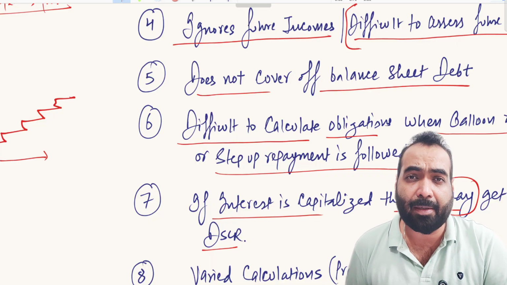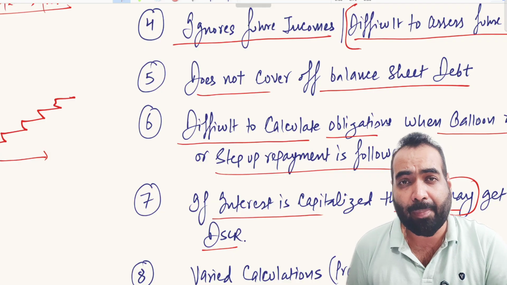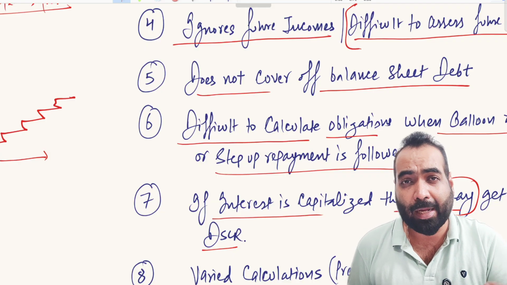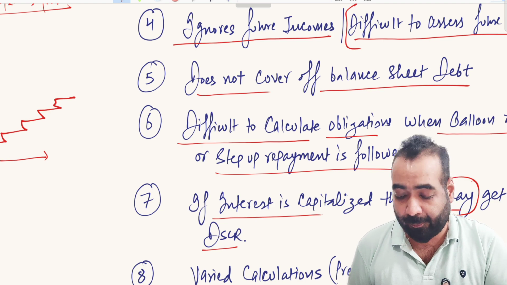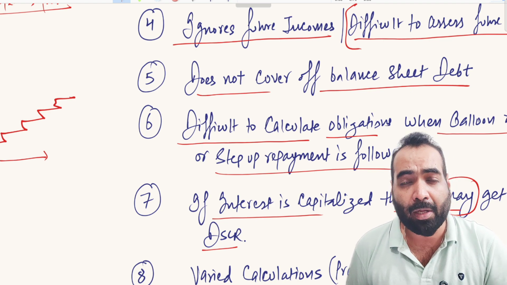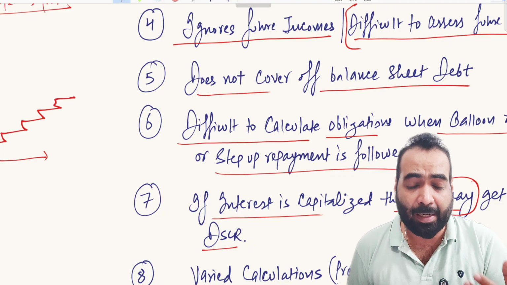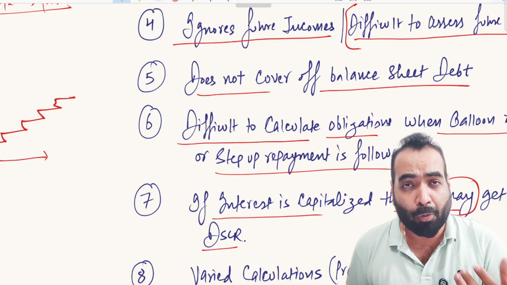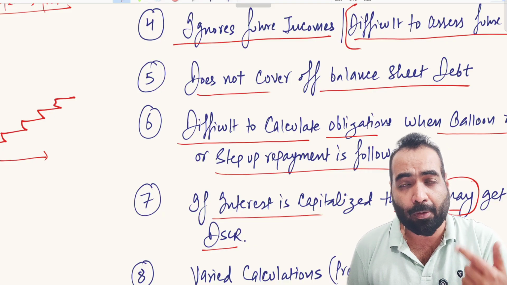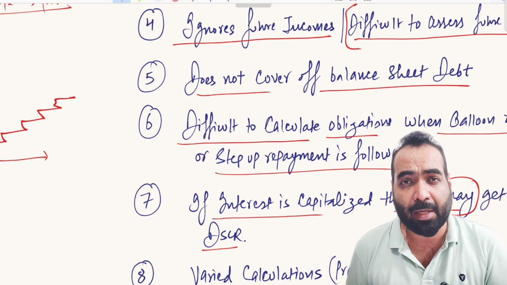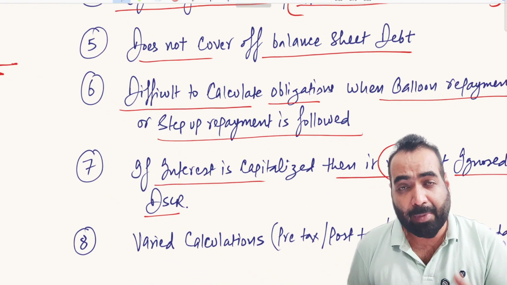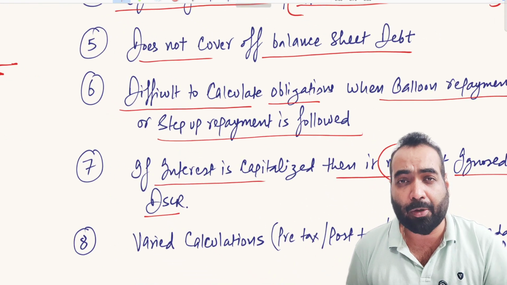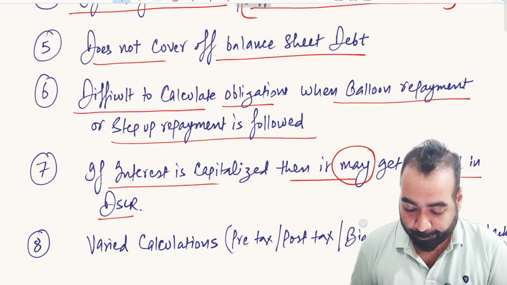If it doesn't get debited in the profit and loss account, your EBITDA calculations may go wrong, and your calculations of obligations may go wrong. Of course, you can correct this if you know the actual capitalization amount, and if you are open in your mind and considering the whole proposal on a 360-degree basis, then you can cover this mistake. But many people may ignore it, or lapse in calculating accurate interest obligations in this scenario.